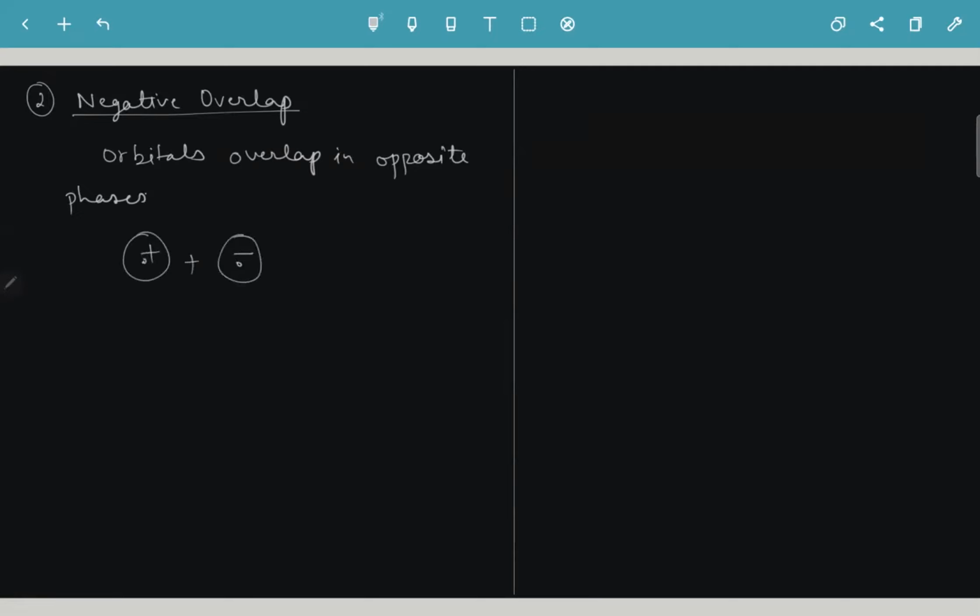This is an example of negative overlap: positive phase overlapping with negative phase. Positive phase with negative phase. These are examples of negative overlap.